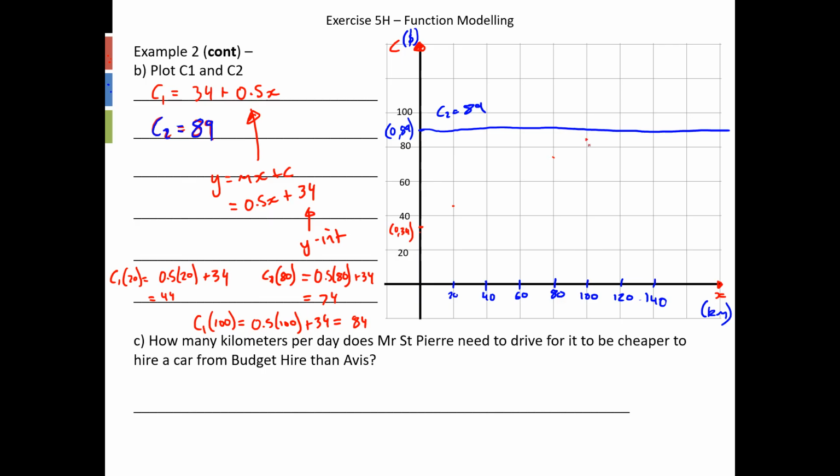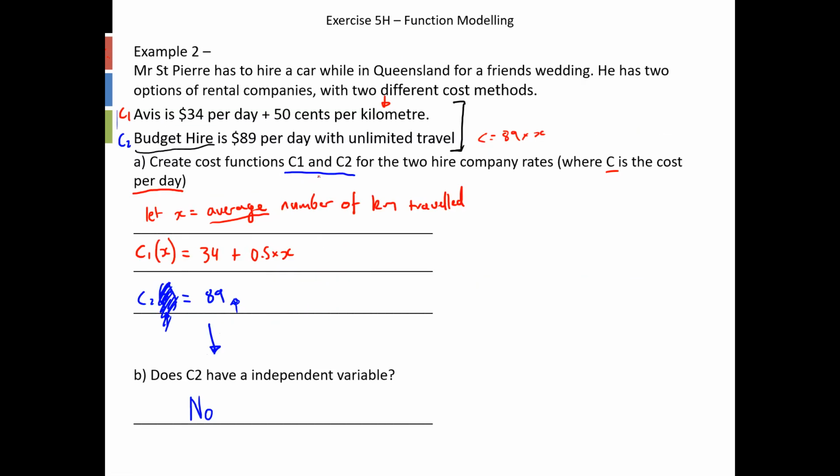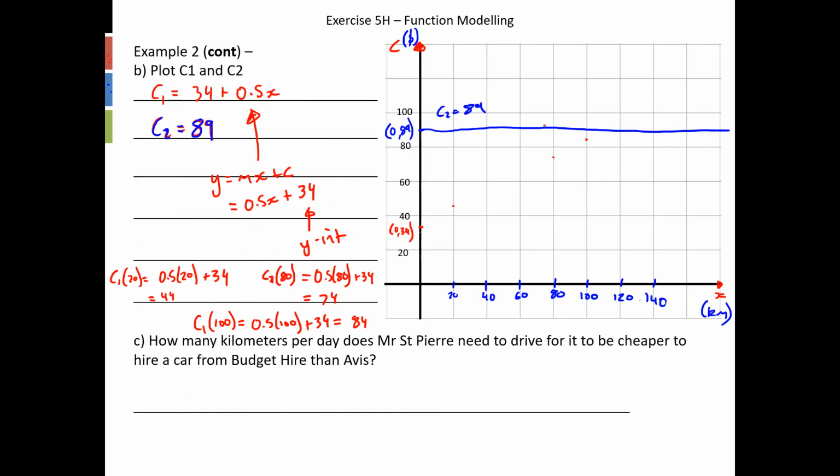So even if I traveled 100 kilometers per day, my cost per day is going to work out cheaper going with C1. Which company was that? That was Avis. Let's draw that in there. Okay. So we clearly have this intersection point.